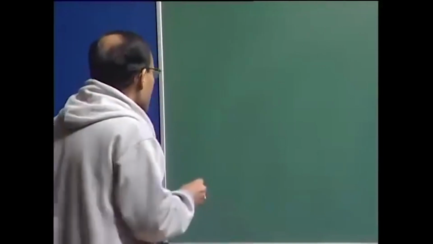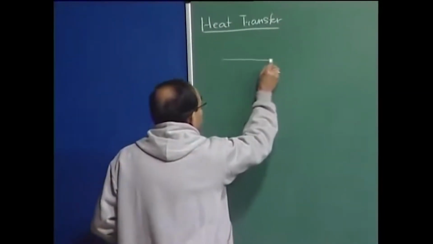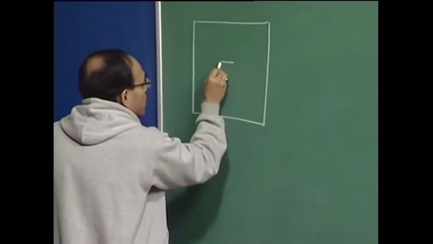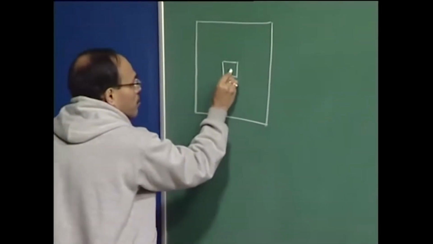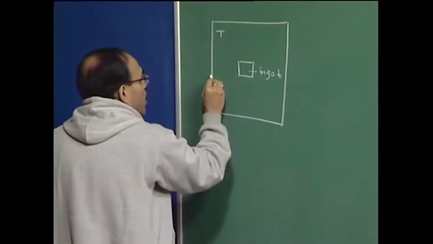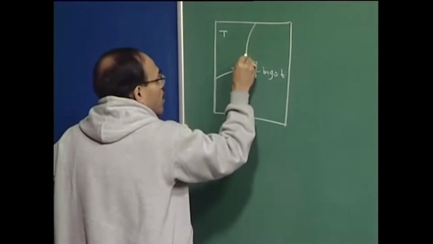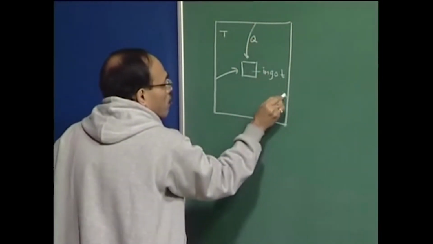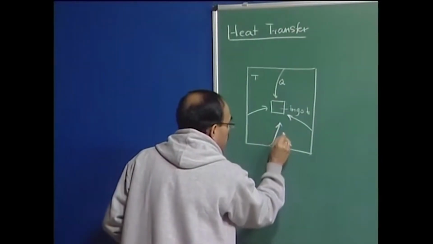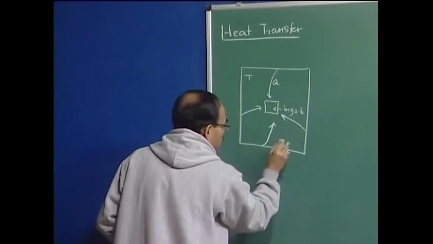For example, if you have a furnace, and in this furnace I have kept an ingot, and the furnace is at a temperature T, then heat Q is flowing from the furnace, and this is the furnace, I write it as Fc.